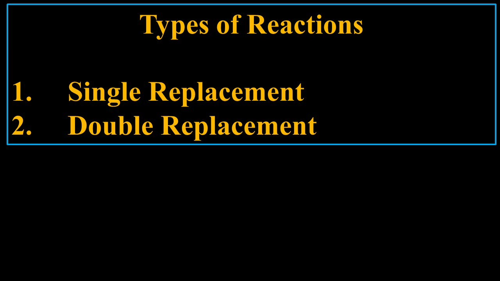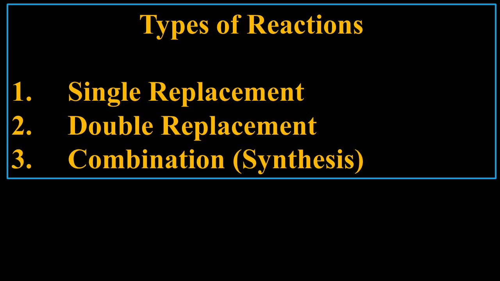So the cation changes partners with the other cation, and you end up with 2 different compounds. And we'll again look at that very closely in the coming slides. And there's 3 examples of double displacement or double replacement.